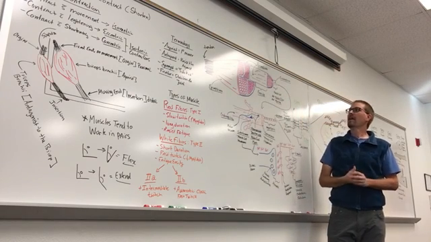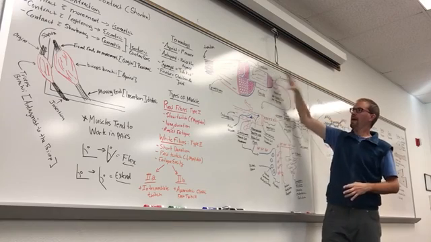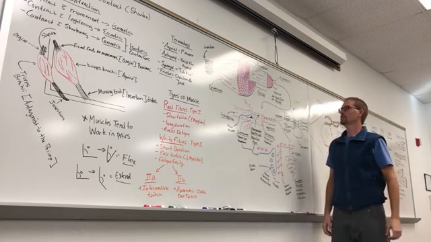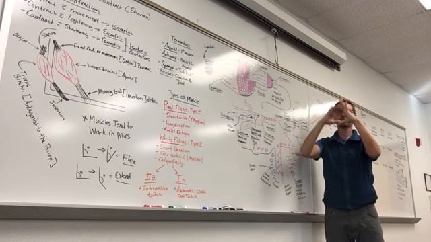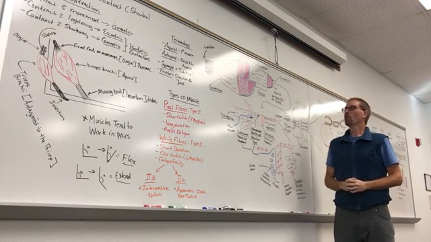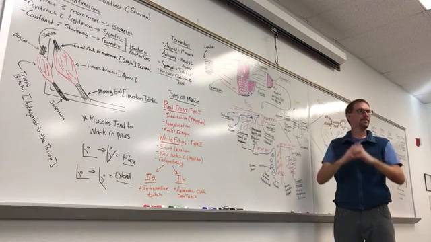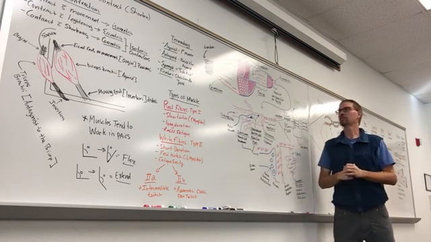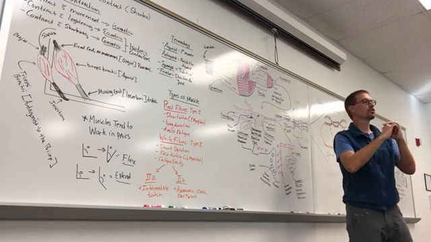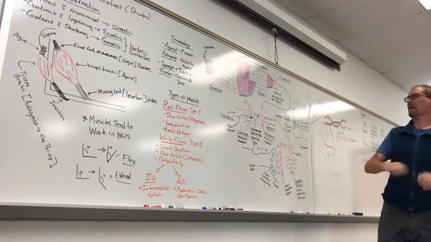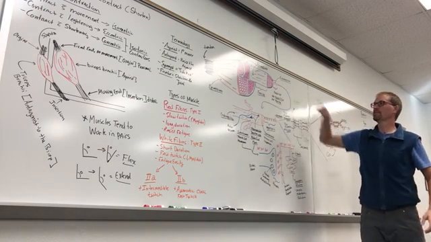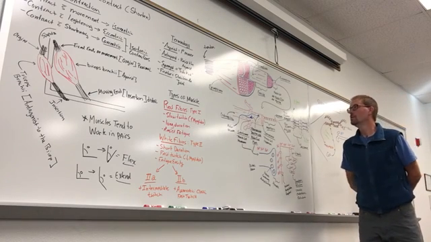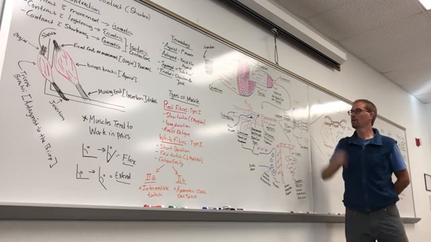And then if I pull a fascicle out and look at it, within the fascicle we're going to have yet another type of connective tissue called endomysium. Endomysium is the connective tissue that surrounds the actual muscle cells themselves. So you have your muscle cell.